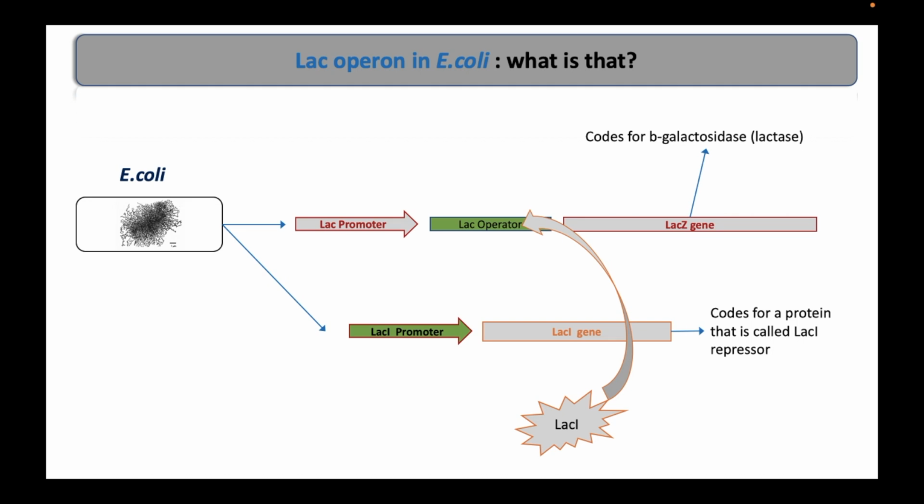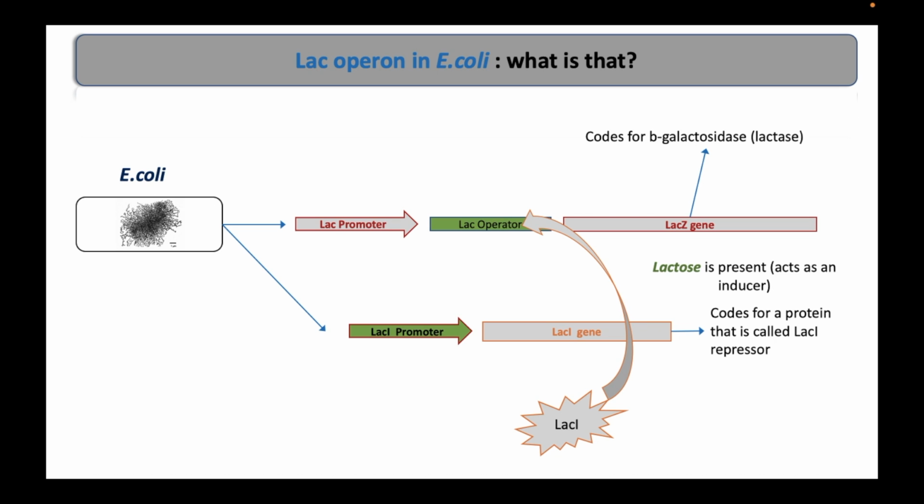So when lactose is not present, the LacI repressor binds to the Lac operator and the LacZ gene is not expressed, because if you don't have lactose in the environment, it's no use making a gene that will break up lactose.